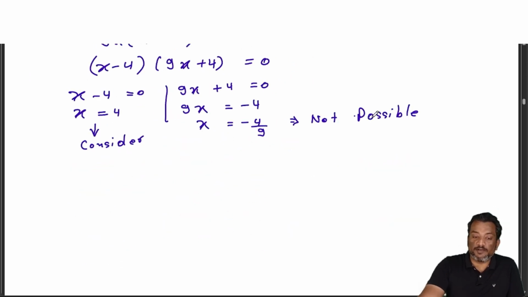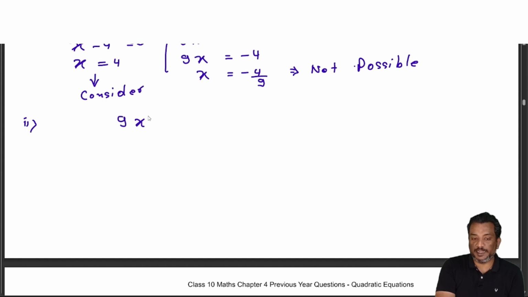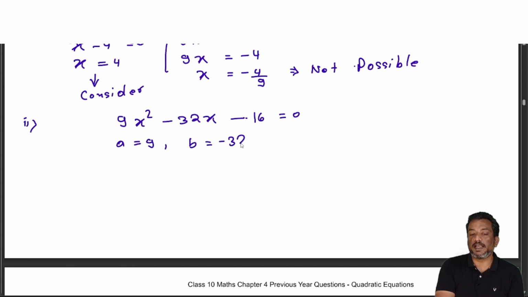Now after that, it is saying you have to find the same value with the help of the quadratic equation formula. So that is part B. If you know the quadratic equation formula, first you write the equation 9x² minus 32x minus 16 is equal to 0. And you can say here a is equal to 9, b is equal to minus 32, and c is equal to minus 16.